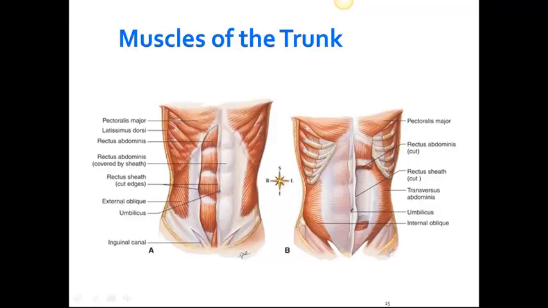And in B, we have removed the top layer of the musculature, and this is what we see underneath. And you'll see the transverse abdominis as one of the more major groups under, and the internal obliques, which is under the external obliques and other abdominal muscles.